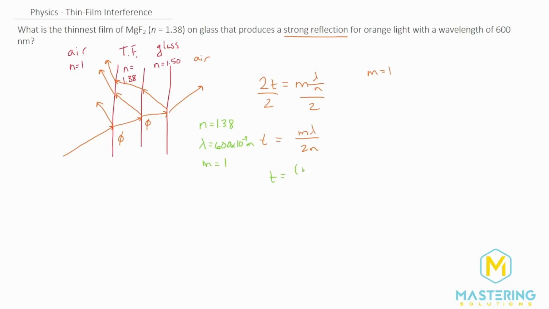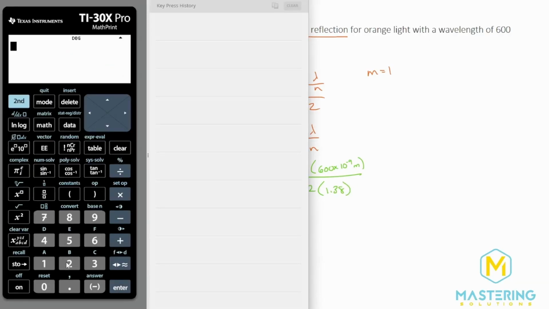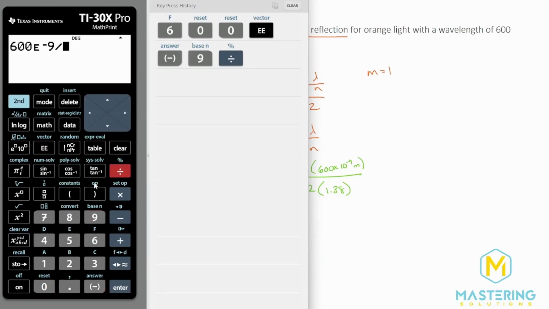So we have an m of 1 times 600 times 10 to the negative 9 meters, divided by 2 times the n, which is going to be 1.38, of course. So we have 600 times 10 to the negative 9, and that gets divided by 2 times 1.38.